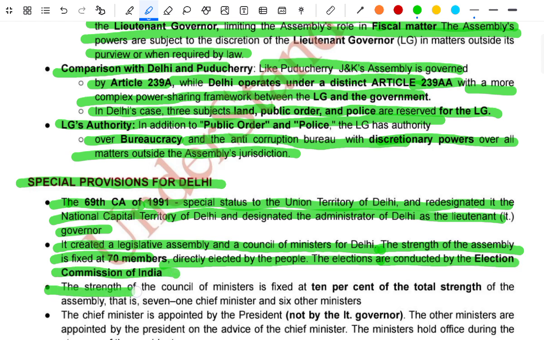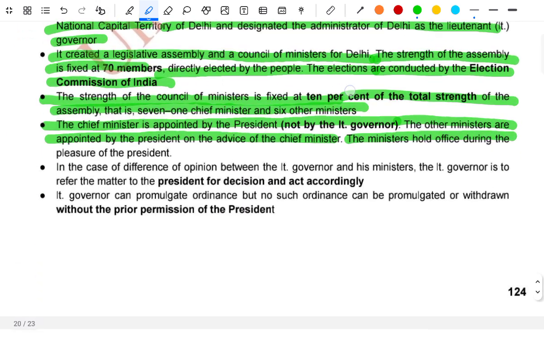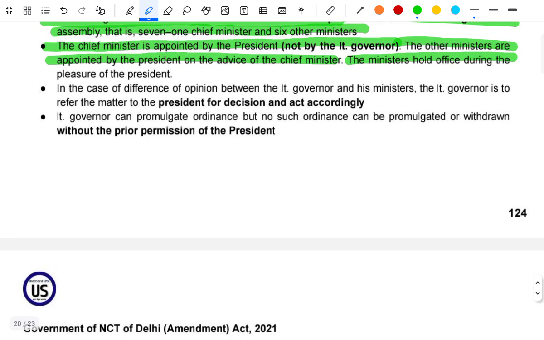The strength of the Council of Ministers is fixed at 10% of the total strength of the Assembly, that is, seven: the Chief Minister and six ministers. The Chief Minister is appointed by the President, not by the governor. The other ministers are appointed by the President on the advice of the Chief Minister. The ministers hold office during the pleasure of the President.